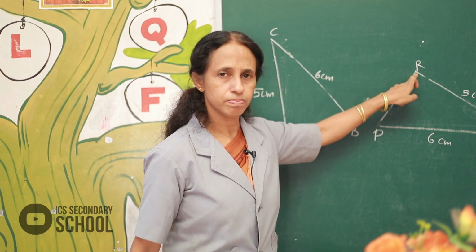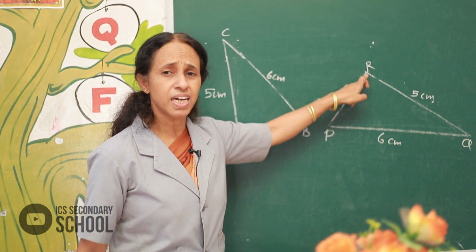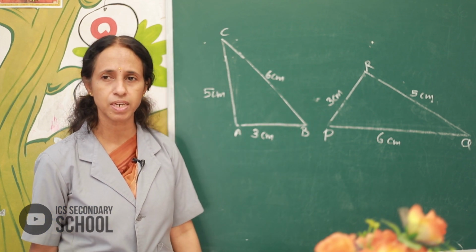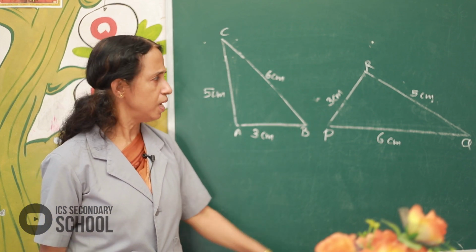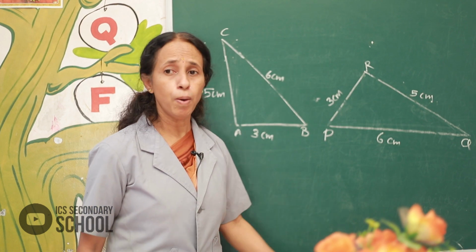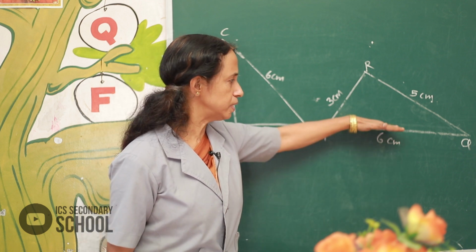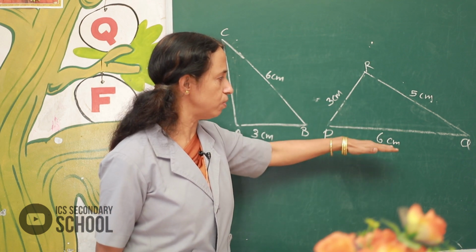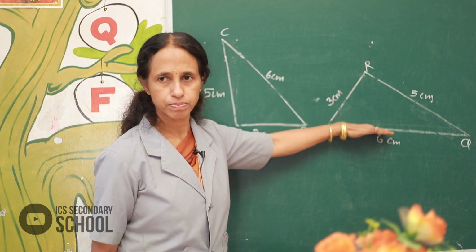Next look at angle R. Angle R is the largest angle of triangle PQR. Angle R is the opposite angle of side PQ.